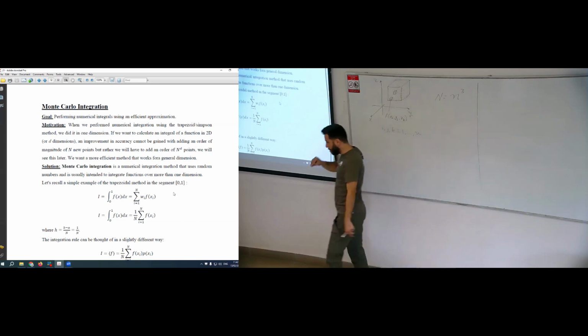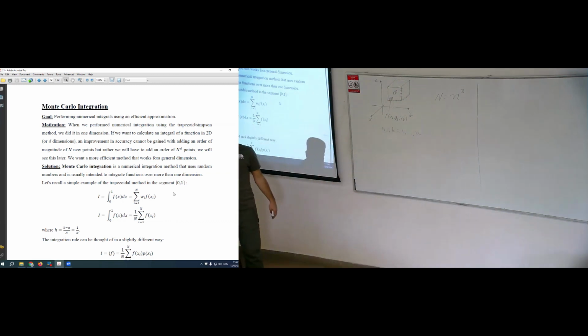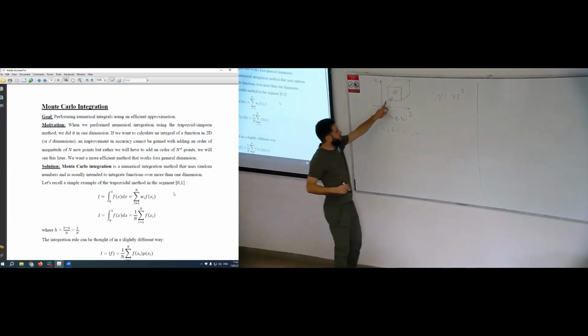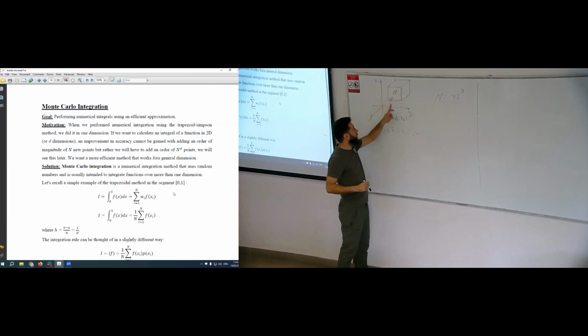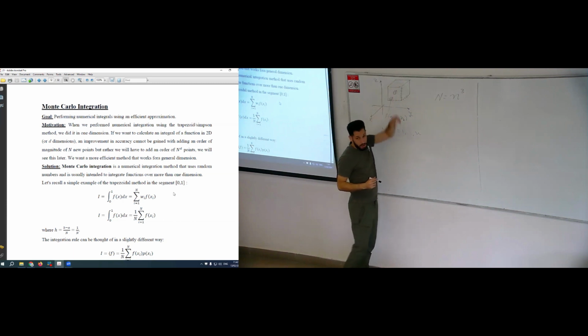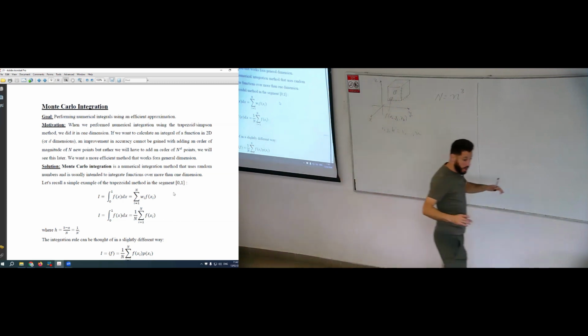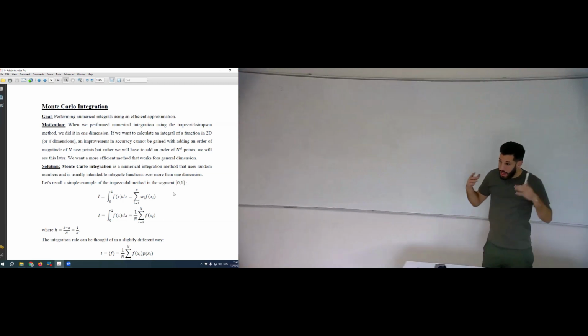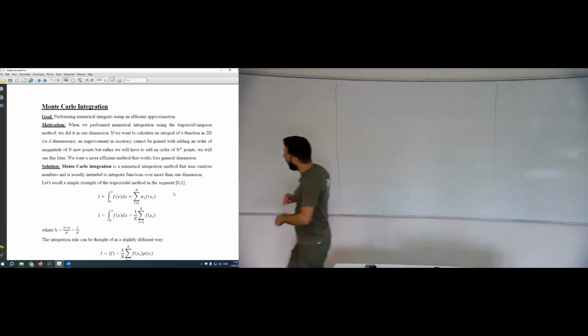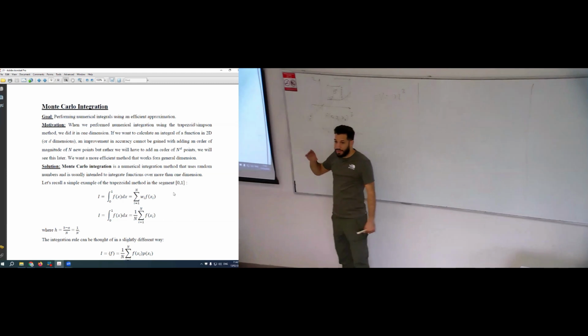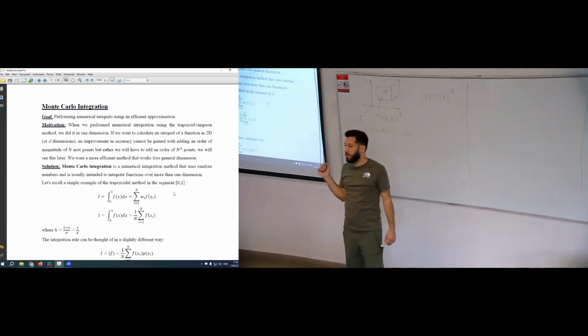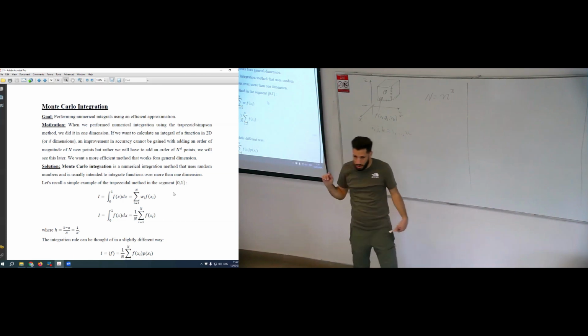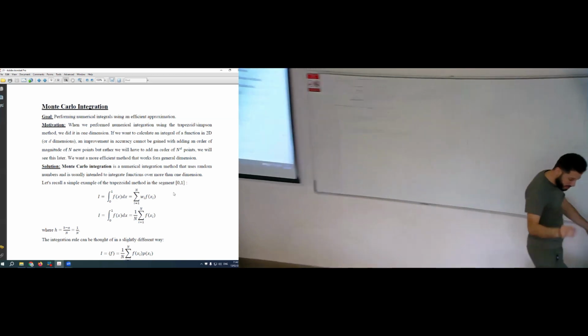So I sample x_i, y_i, z_i n times. The x_i goes from here to here, uniformly, the y_i from here to here, and the z_i from here to here, uniformly. I sample n points like this, and then I only find the average of the function over these evaluations of the function at these points.